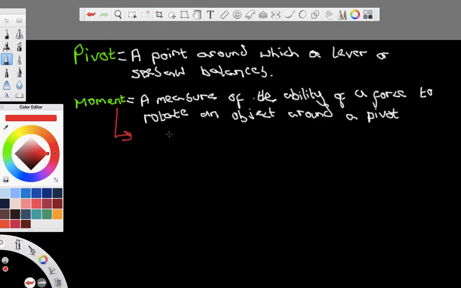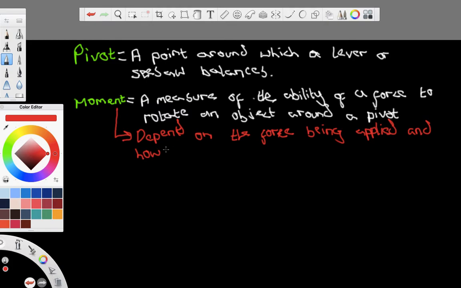We can say that moments depend on the force being applied and how far it is from the pivot.